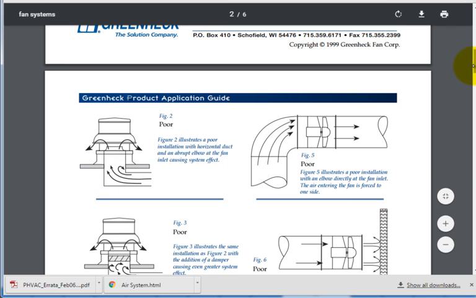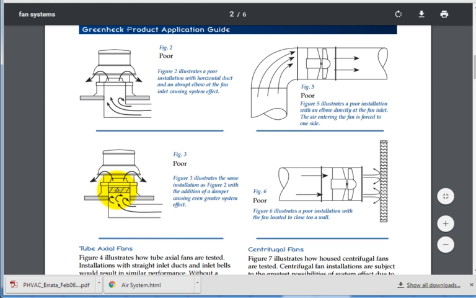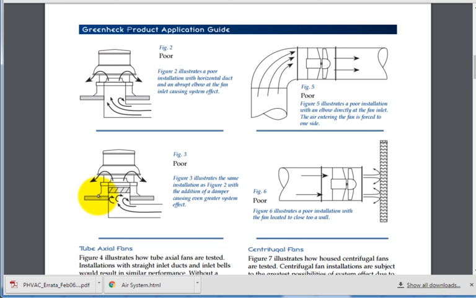Or what do you have here? You have a damper that's put there. That's not the way they tested it. But you can't just say damper by itself and then that exhaust by itself. They're too close. There's a system effect which amplifies and has greater head loss. And if you have that damper with the turn like that, you can have significant loss.